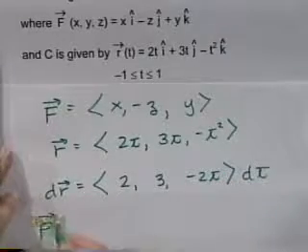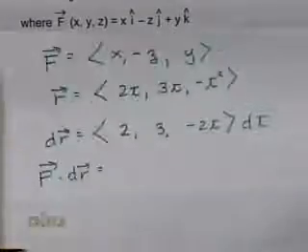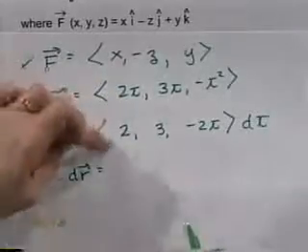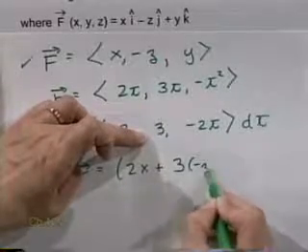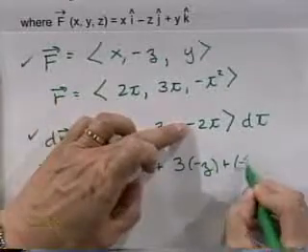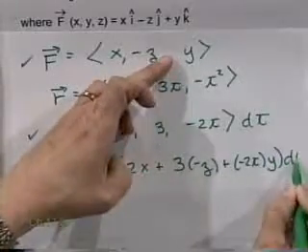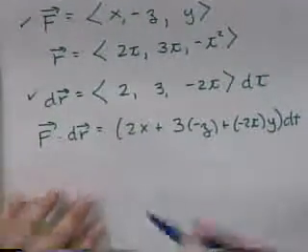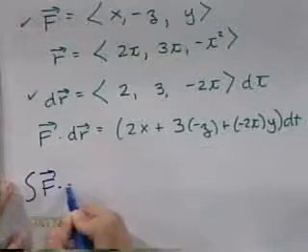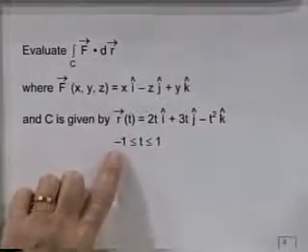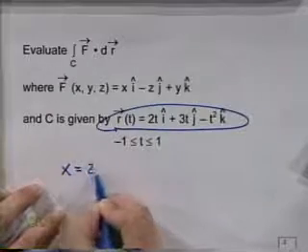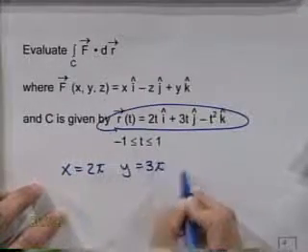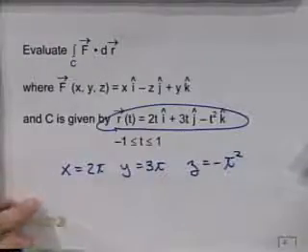Now notice, if you take f dot dr, the dot product of this with this, look what you get: 2 times x, plus 3 times minus z, plus negative 2t times y, dt. They want us to figure out the integral of f dot dr. Now bringing this back, notice t is ranging from -1 to 1. On my curve, x is 2t, y is 3t, and z is minus t squared.